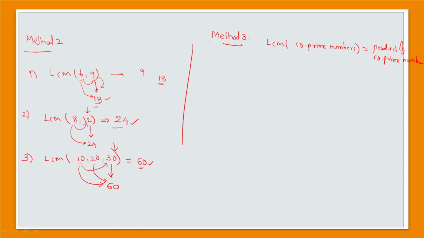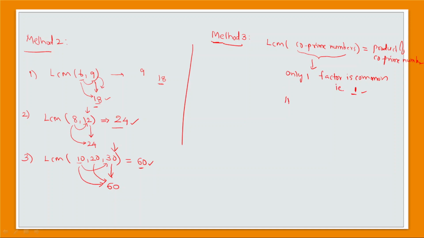What is meant by co-prime numbers? Only one factor is common, that is, 1 is common in both the numbers.